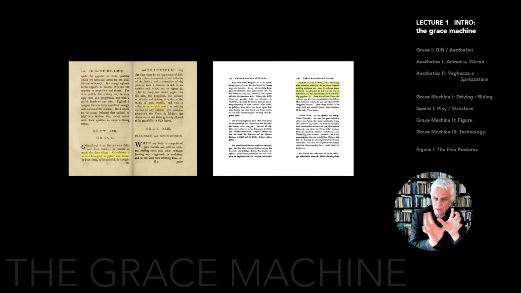I mean, it's an incredibly influential book, and it was very influential to Kant, and the same for Schiller and all the German authors writing about beauty and sublimity. And it's just like the smallest sentence, and gracefulness is an idea belonging to posture and motion. And he says a lot there.